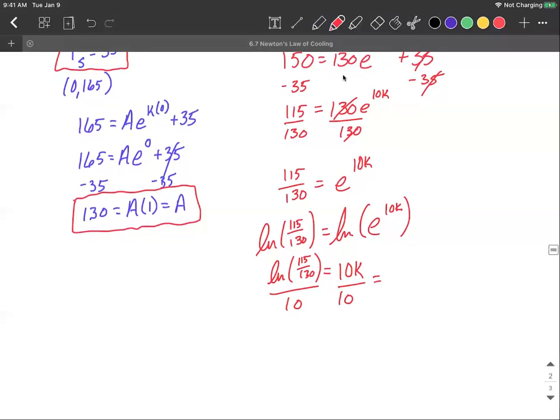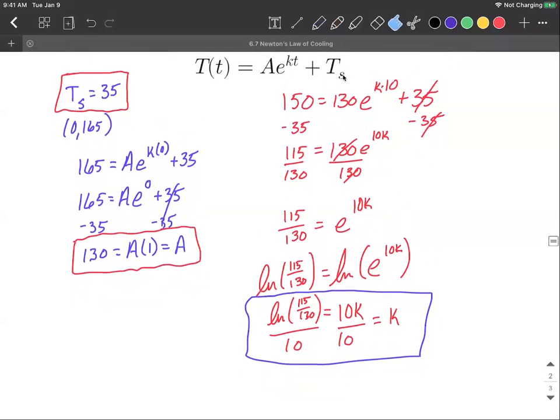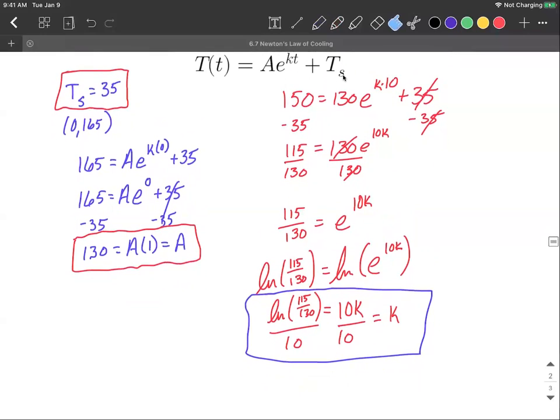So we now know that k has to equal, it looks weird, but this is a nice exact answer: natural log of 115 divided by 130, all divided by 10. So as we put all that information together, we actually end up with the function. So I'm going to take all this information, put it together into a nice function.